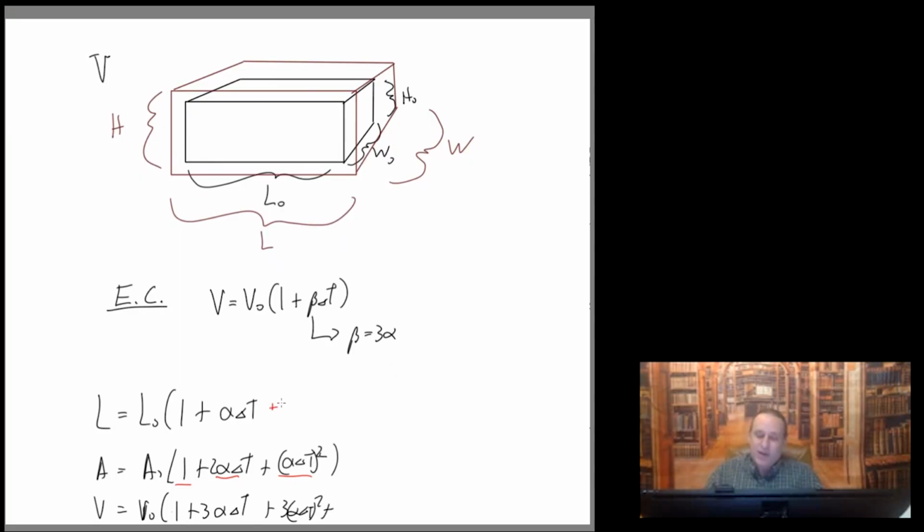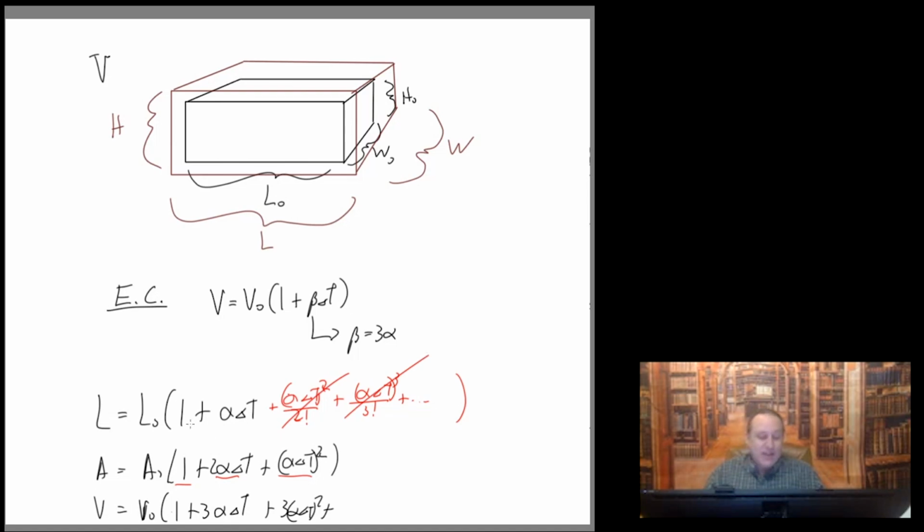It should say plus alpha delta t squared over 2 factorial plus alpha delta t cubed over 3 factorial and so on. It's really just the first 2 terms of a Taylor series. And we just throw these guys out. We throw those ones out.